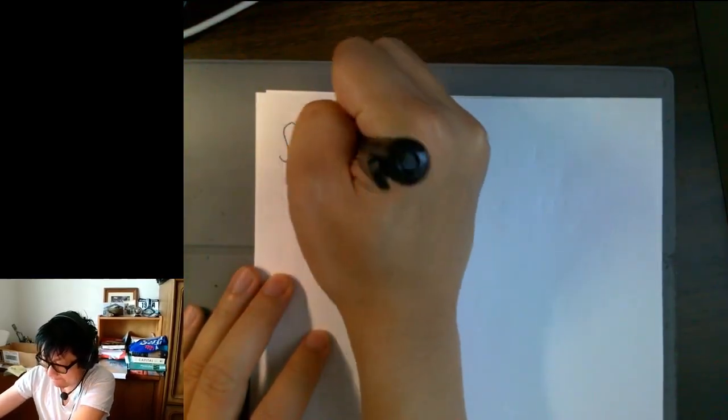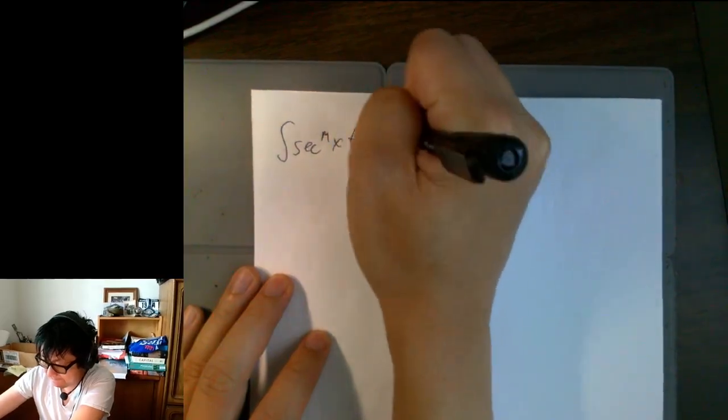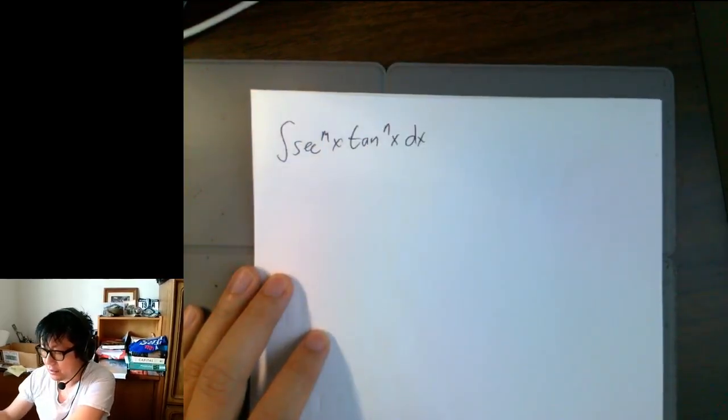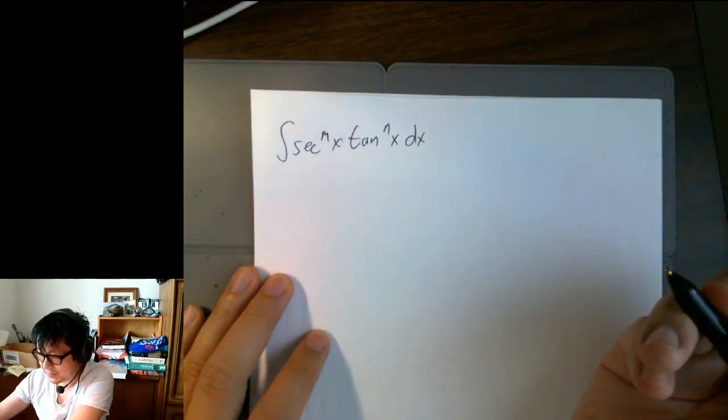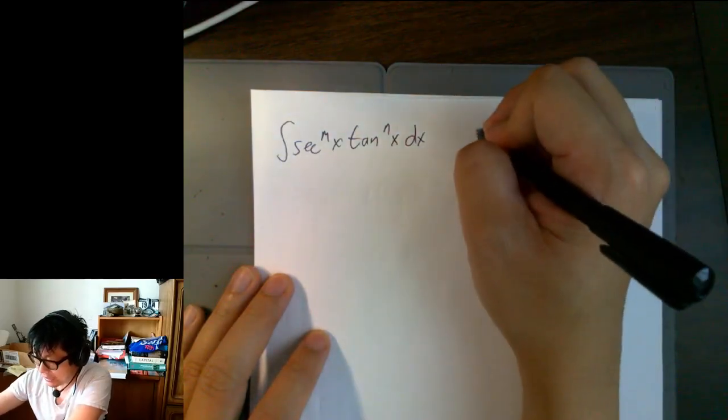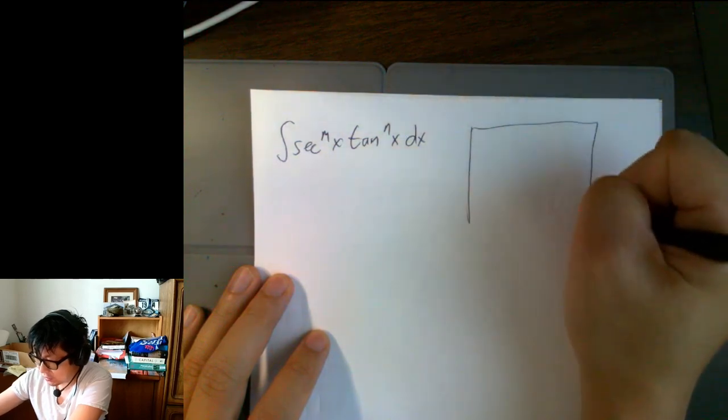What about if we have secants and tangents? Well, this is going to work a little bit differently. We've got a couple of different cases. I'm going to keep track of this using a chart.